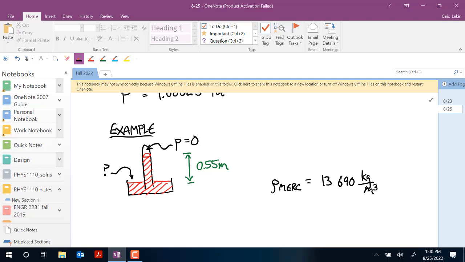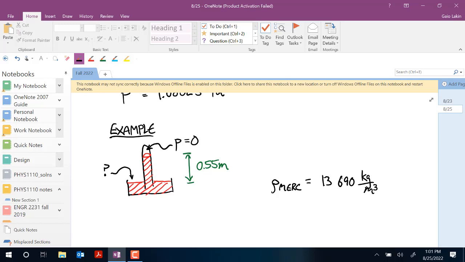If you have a cubic meter of steel and a cubic meter of mercury, which one's heavier? Isn't mercury heavier? Yeah, about twice as much. Steel is about 7,000. Water is 1,000. That's a little intuition for you.